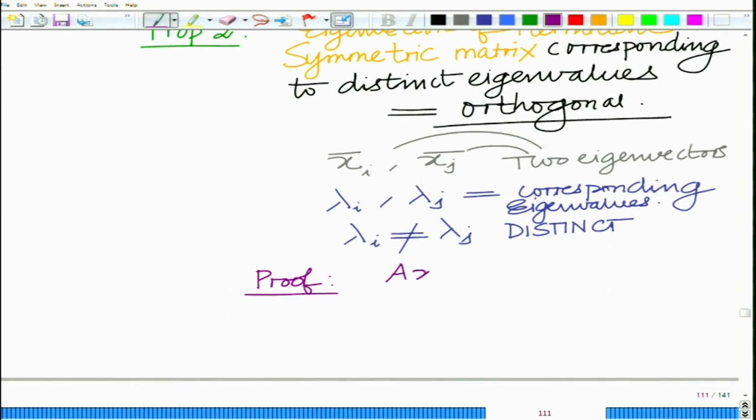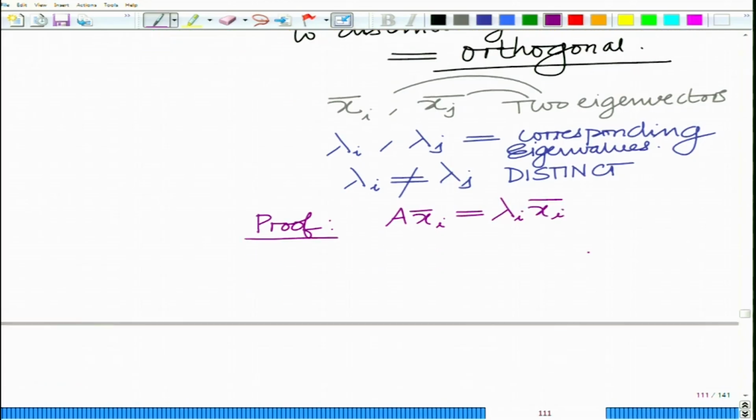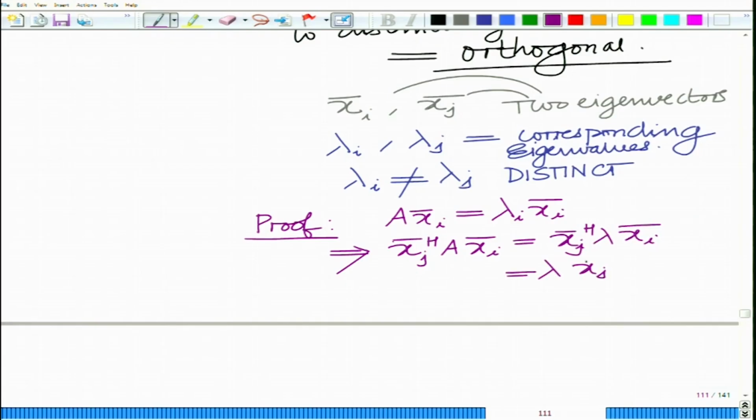That is, if you look at A xi bar equals lambda i xi bar, and this implies, now if you multiply by xj bar Hermitian, we have xj bar Hermitian A xi bar equals xj bar Hermitian lambda i xi bar, which is basically lambda i xj bar Hermitian xi bar.